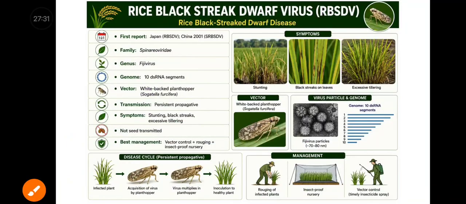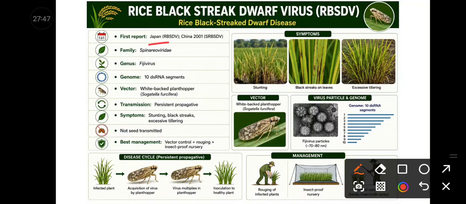Next, about the very important emerging rice disease, newly reported rice disease in India, that is rice black streak dwarf virus. See, this was first reported in Japan, and actually two variations are there: rice black streak dwarf virus and southern rice black streak dwarf virus.